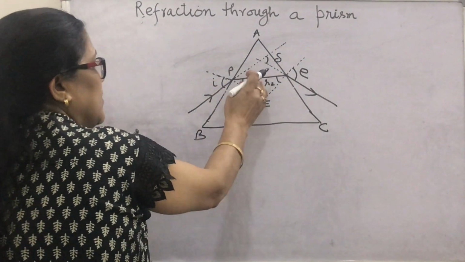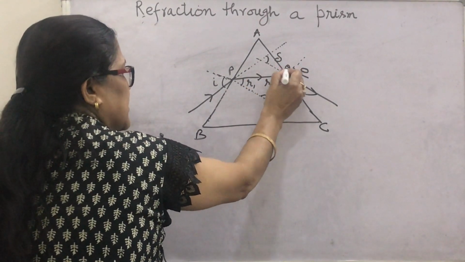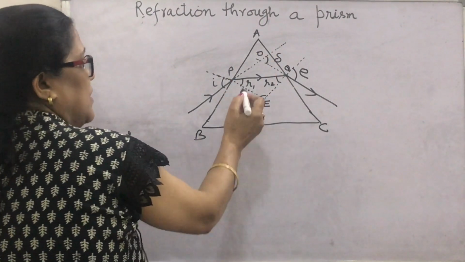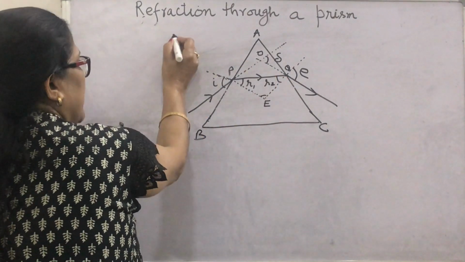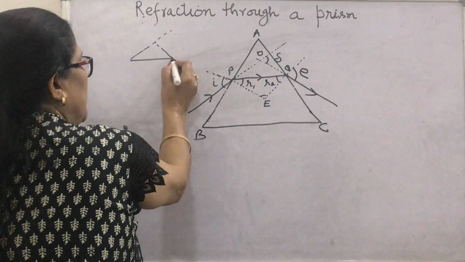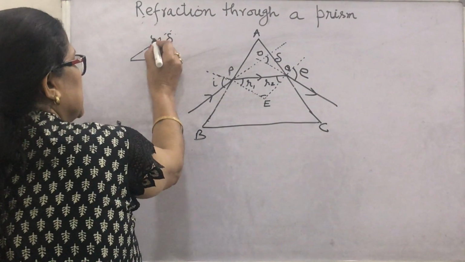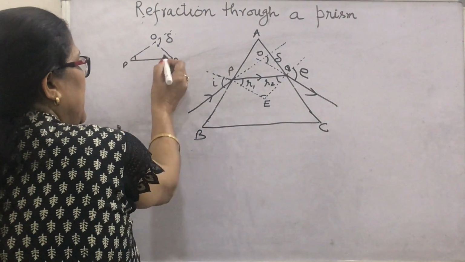Look here, for this point suppose I write Q and this point suppose I write O. Then consider the triangle OPQ. If I show here, this is the triangle OPQ, this is the triangle delta angle, this is the point O, this is P, this is Q. What will be the angle P and Q?